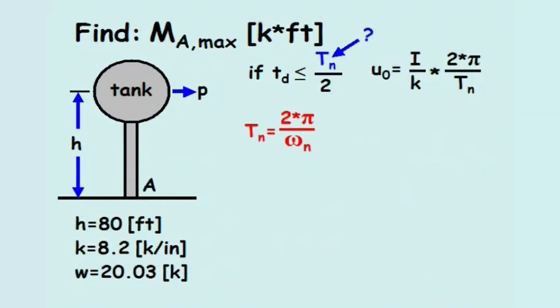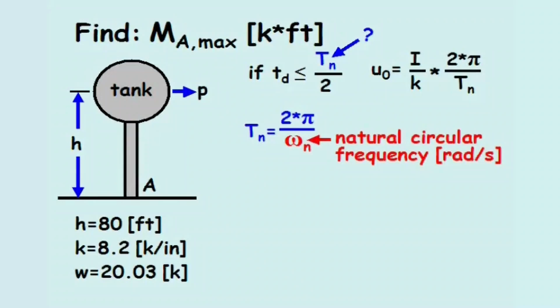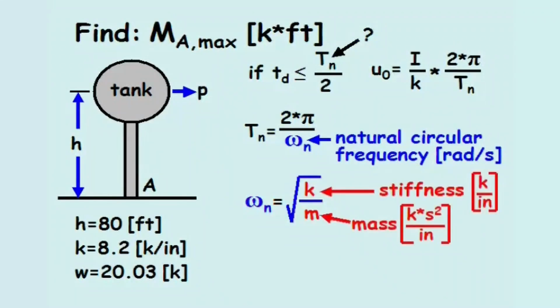The natural period of the system equals 2 pi divided by the natural circular frequency of the system, omega n. The natural circular frequency equals the square root of the stiffness, K, divided by the mass, m.